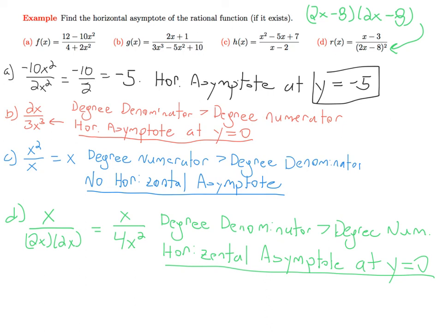And the other possibility that we saw in part C is when the degree of the numerator, the top, is bigger than the degree of the leading term in the bottom. This is the case where no horizontal asymptote will exist.